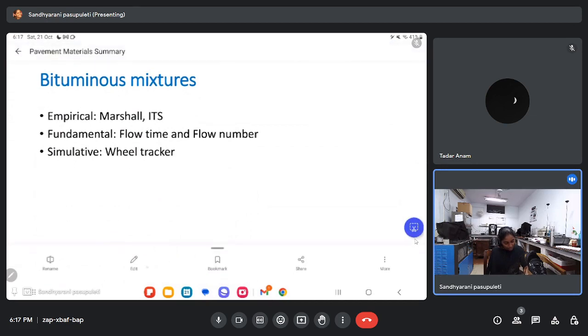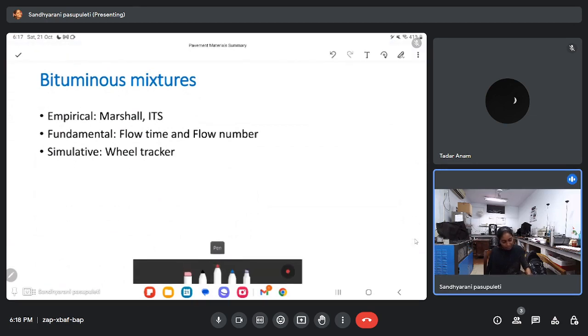these asphalt mixtures. We have some empirical tests like Marshall and ITS to understand the strength of those mixtures. And we also have the fundamental tests like flow time and flow number, using which we can understand the stress-strain behavior of the asphalt mixture.